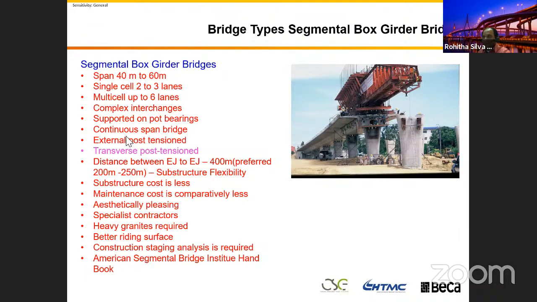You need pot bearings, and then these have external post-tensioning. I will share some sketches and diagrams of how we do external post-tensioning. Even when you read that manual, it shows. If I just explain it in mechanics, it's a simply supported beam with a 2-point load at the quarter points.